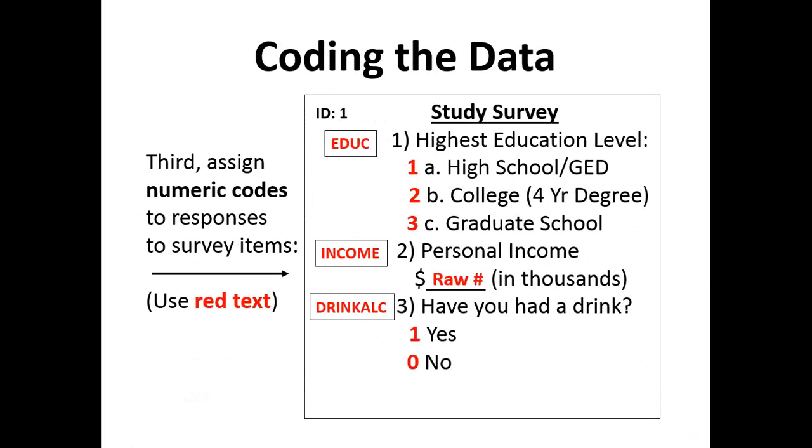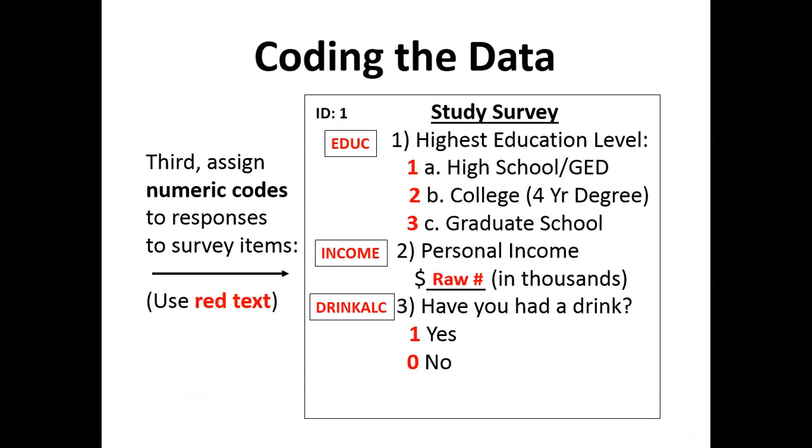All right, next you'll see that next to the responses, numbers have appeared. Right? So you can see, for example, in EDUC, the first response, high school GED, now has number 1 in it. And so in quantitative analysis, like in our SPSS database, things have to be numbers, not letters, right? So we've assigned the response 1 to high school GED, and to response B, college 4-year degree, we assigned it 2, and then a 3 to graduate school.